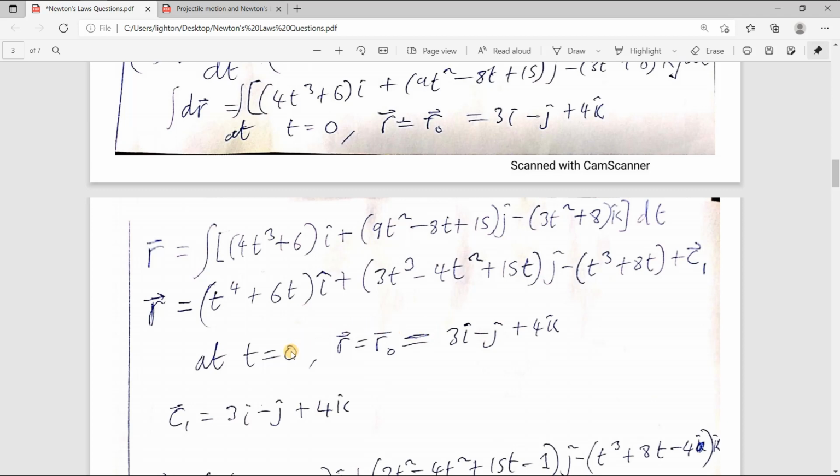So using these initial conditions in this expression, replacing for t equals 0 here, you're going to remain with c1 being equal to this expression, this r naught. That's why you're getting c1 is equal to 3i minus j plus 4k. Why? Because wherever there is r here, we replace with the initial condition for r, which is this expression. And you find that c1 is just this part here.